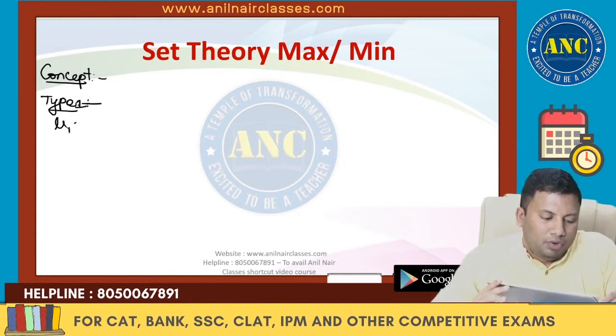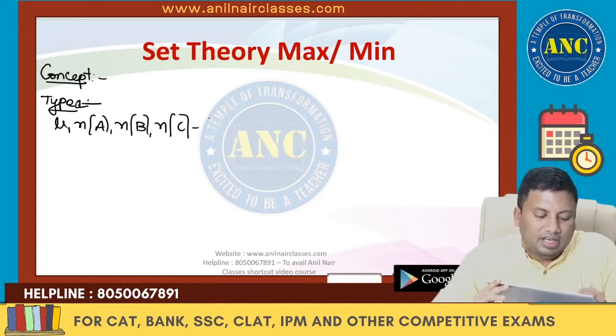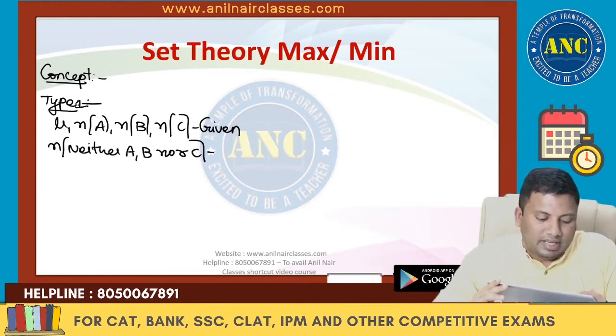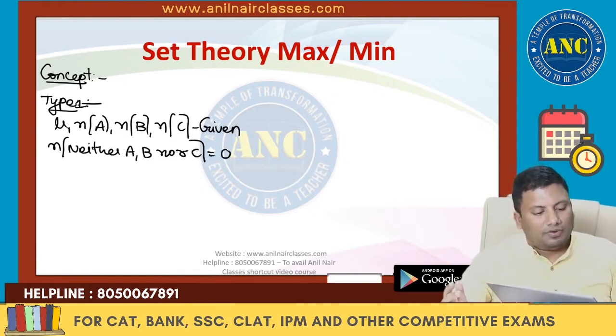Type 1. Mu is given, n of A is given, n of B is given, n of C is given. All these are given. N of neither A, B nor C is given as 0. So, first see here, sir.